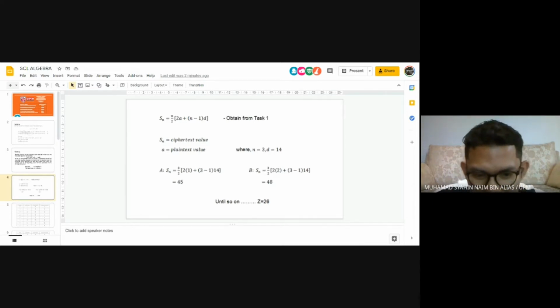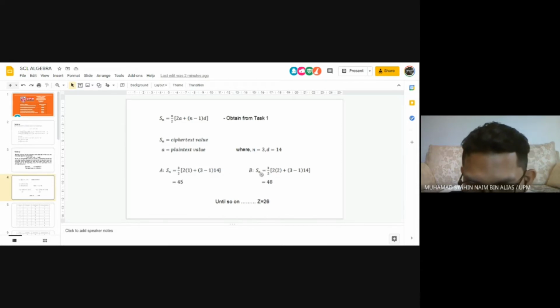Sn equal to n over 2, so n I will substitute with 3, so 3 over 2 and 2a, a I will substitute with 1, plus 3 minus 1, and d is 14. So we get the answer 45.